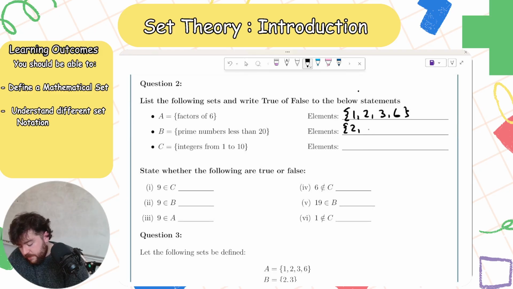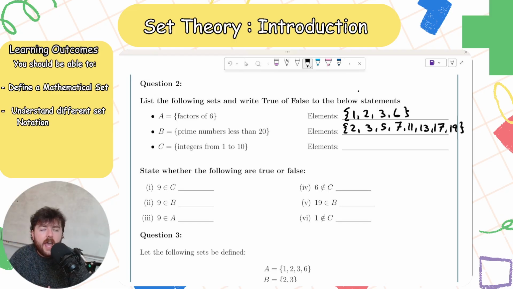It's going to be 2, 3, 5, 7, 11, 13, 17, and 19. Remember, prime numbers are numbers that can only be divided by 1 and itself. Then C are the integers from 1 to 10. So integers just means the whole numbers, 1, 2, 3, 4, 5.